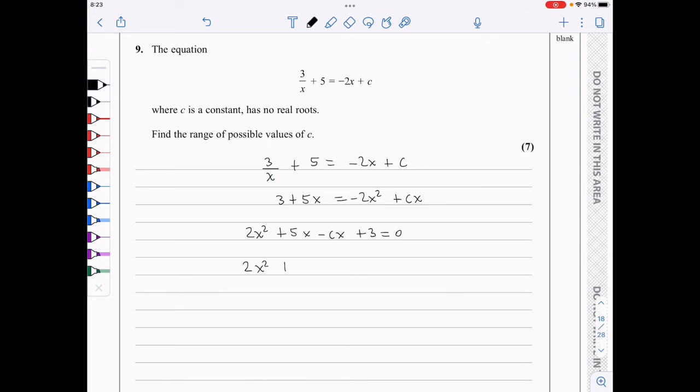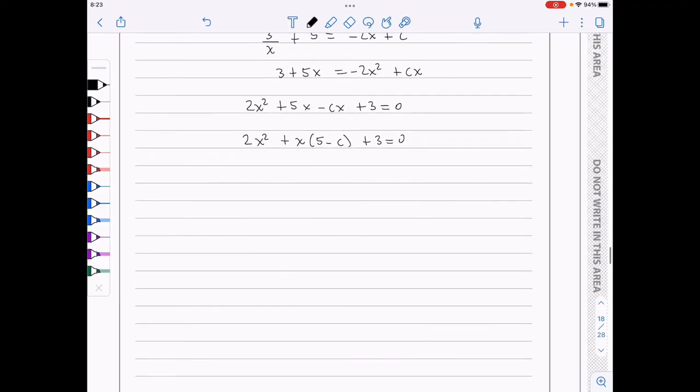So we're looking at a quadratic for which we have no real roots. This means that the discriminant should be less than 0. So if the discriminant is less than 0, this means that b squared minus 4ac should be less than 0.